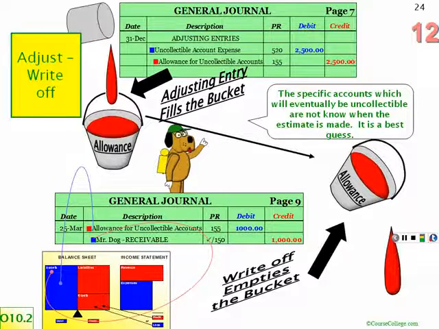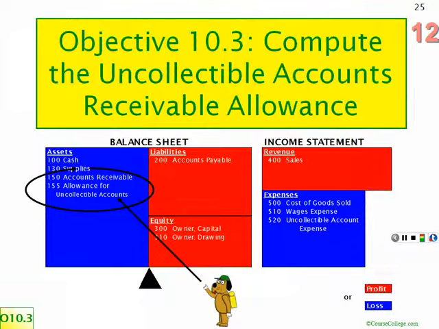Okay. Let's move on then, and let's figure out how we compute that $2,500, for example. Where'd you get that? Where does that number come from? This is difficult. This is the most difficult part of this chapter. It's complicated and confusing. We're going to try to make it simple for you, and we'll see how we do.